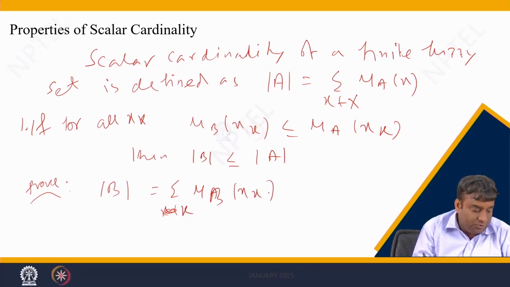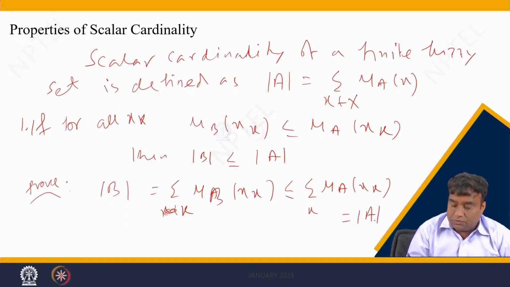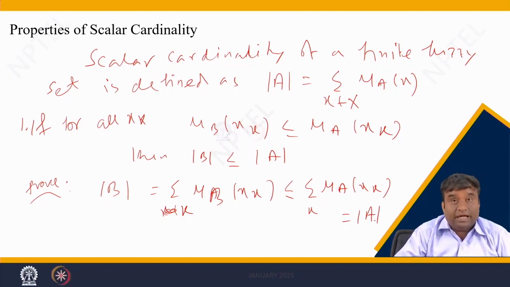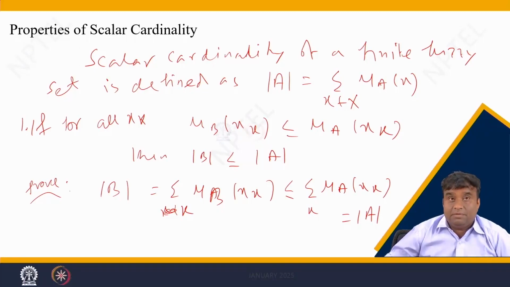Each mu B xk is less than or equal to mu A xk, as given, so the summation is also less than or equal to the summation of mu A xk, which is the cardinality of A. So this is the proof that if each membership value of fuzzy set B is less than or equal to the membership value of fuzzy set A, then the cardinality of B is less than or equal to the cardinality of A. That is property 1.